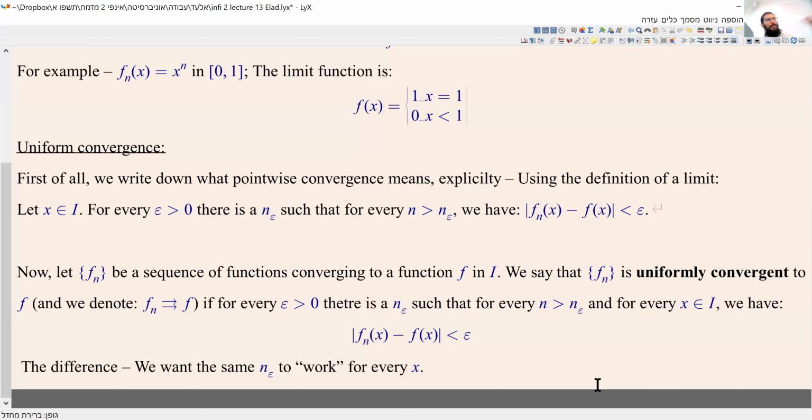We know that changing the places of the quantifiers in the sentence changes the sentence. This one is a stronger one. Not just that every x has its own n epsilon, blah, blah, blah. There is an n epsilon that works for every x.